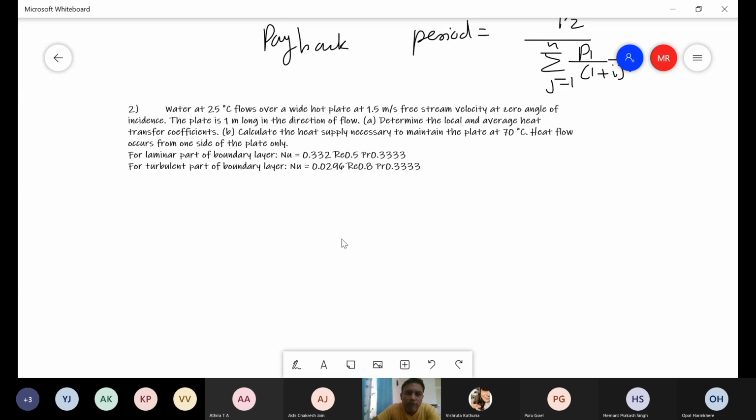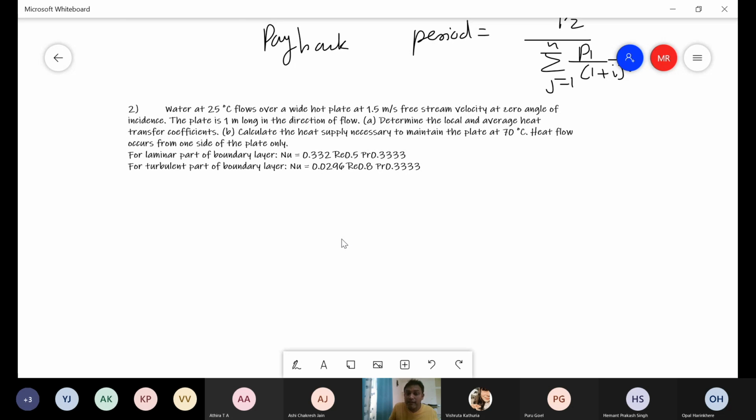Heat flow occurs from one side of the plate only. The laminar part of the boundary layer is given by Nusselt number equals 0.332 Reynolds number raised to the power 0.5 and Prandtl number raised to the power 0.333. Similarly, the turbulent part is given as 0.0296 Reynolds number raised to the power 0.8 and Prandtl number raised to the power 0.3333.